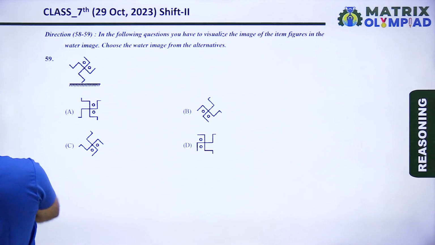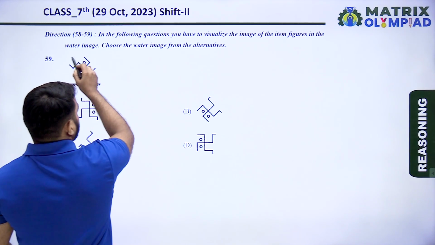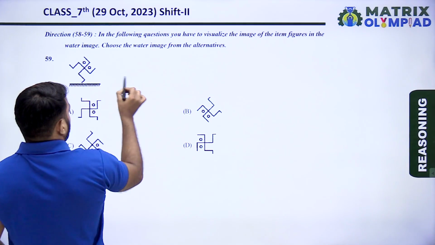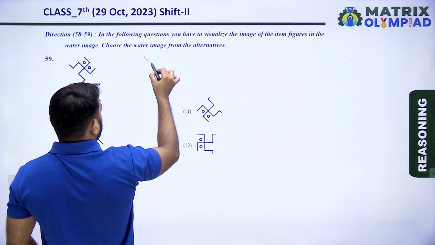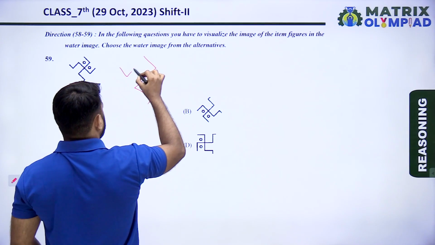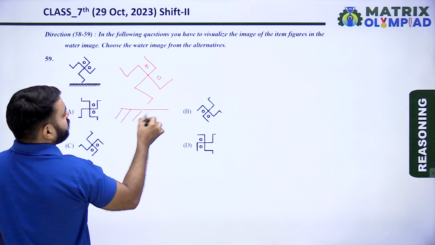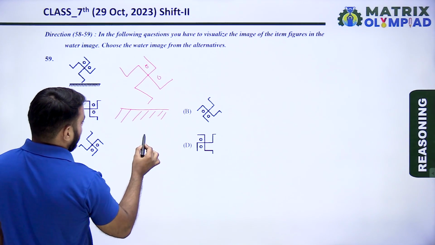So the next question is question number 59. Also find the water image of the given figure. The water image of this figure looks like as follows.